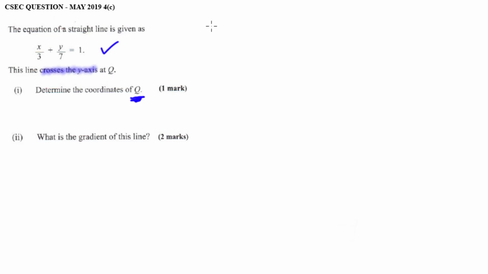So if we think about it, we have our axes and Q is on the line and also crosses the y-axis. At the y-axis, x is equal to 0 because we didn't go to the left or to the right for the point. So if we use that fact, we already know the value of x. We can put it in the equation to find the value of y and then figure out the coordinates of Q. So that sounds like our plan.